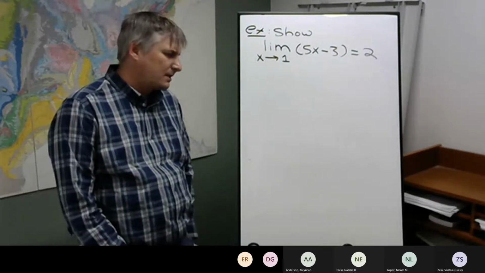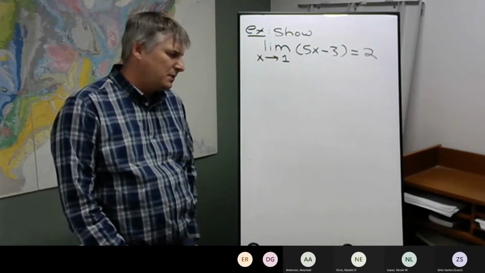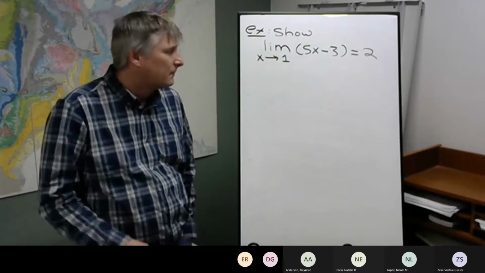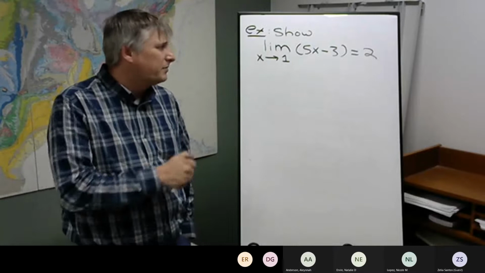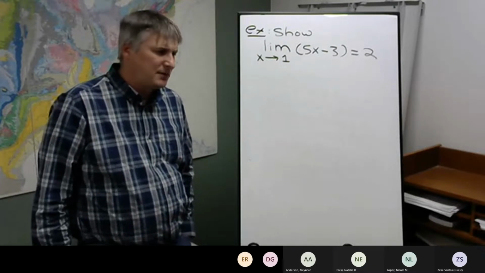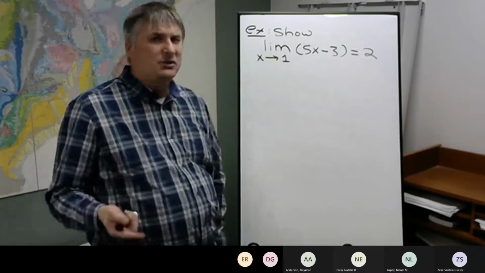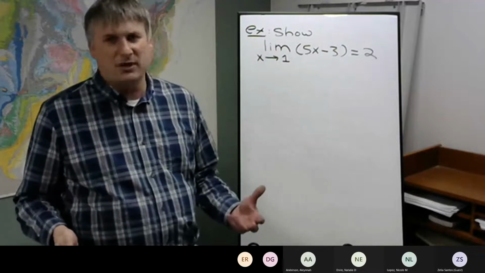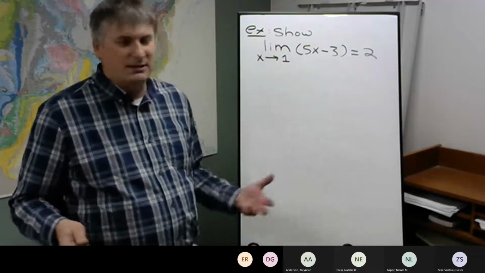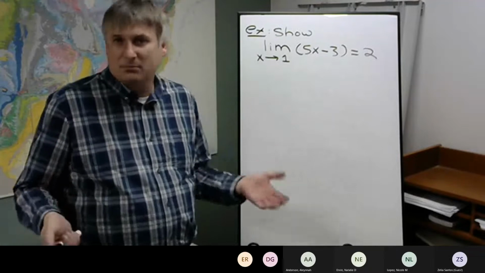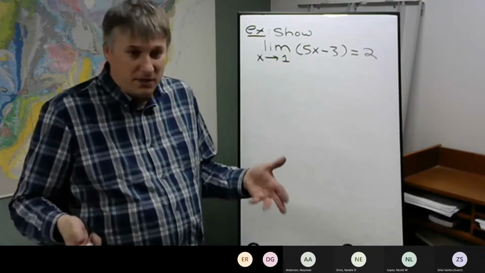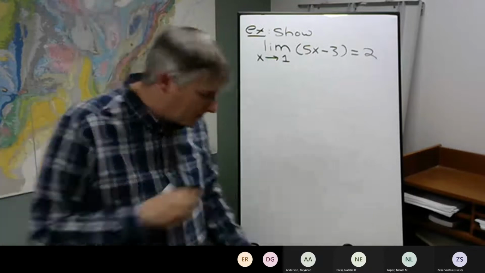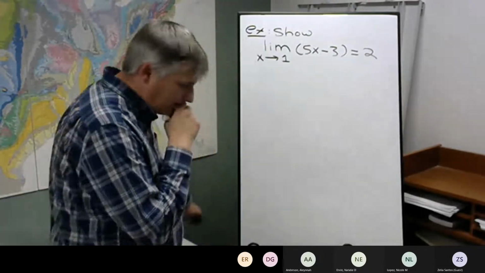In math proofs, it's okay to use theorems to show something is correct, and you've learned that in geometry. This is a way of showing limits are correct, and the idea is that we're going to find a relationship between delta and epsilon so that no matter how small we choose epsilon, we're always going to find a delta that lets us get f within epsilon units of the limit. So there's a basic procedure to this. Let me show you how we're going to do this.